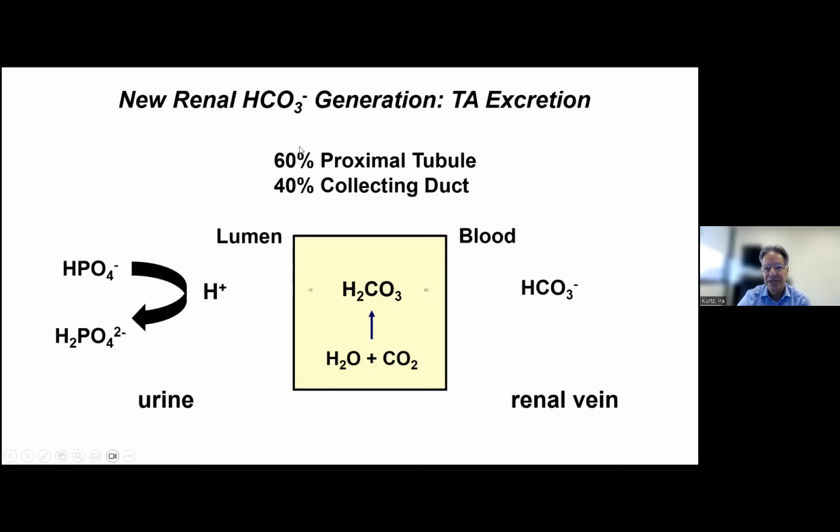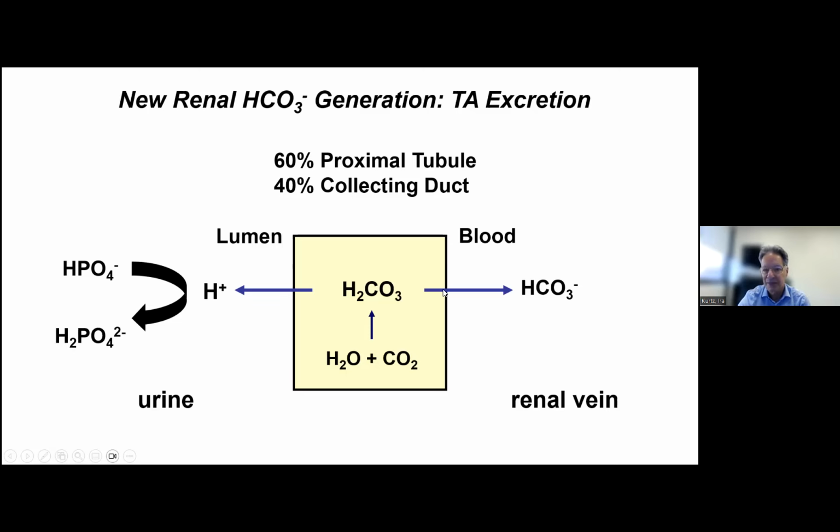The other thing that must happen to generate enough new bicarbonate is the conversion of HPO4 to H2PO4. It occurs in the proximal tubule and the collecting duct, and the carbonic acid that's in the cell is the source of the proton. So every time a carbonic acid splits and secretes a proton, one new bicarbonate ion is generated, and the cells have different transport processes. I mentioned NBCE1A in the proximal tubule.